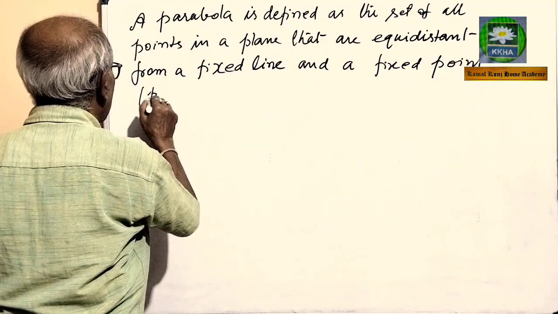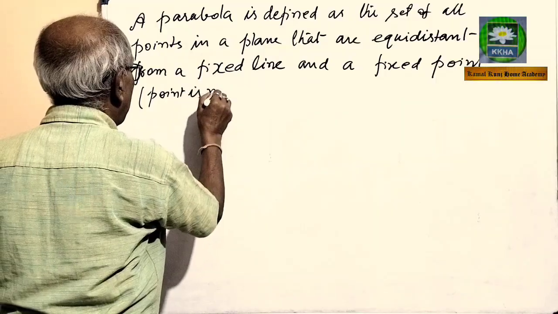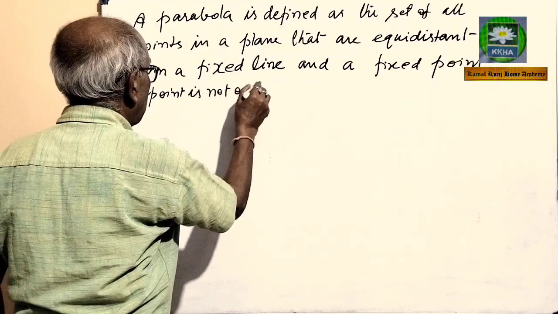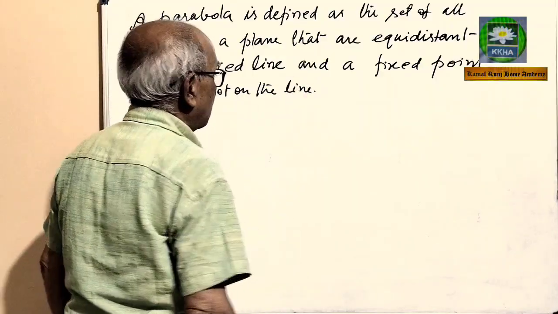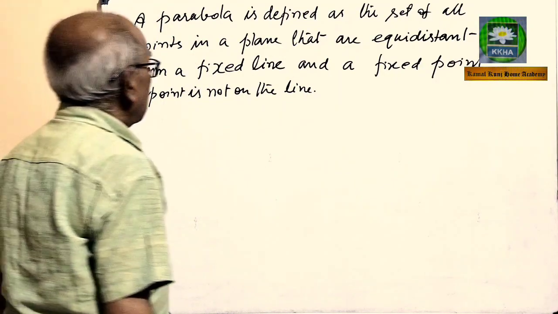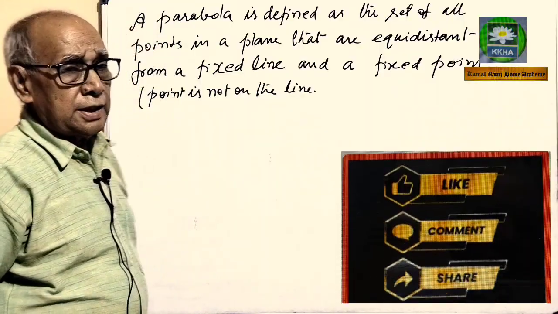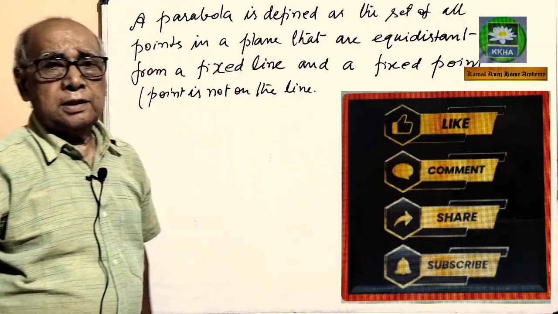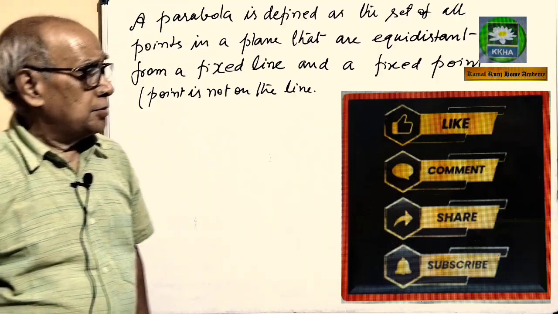The point is not on the line. So, a parabola is defined as the set of all points in a plane that are equidistant from a fixed line and a fixed point.